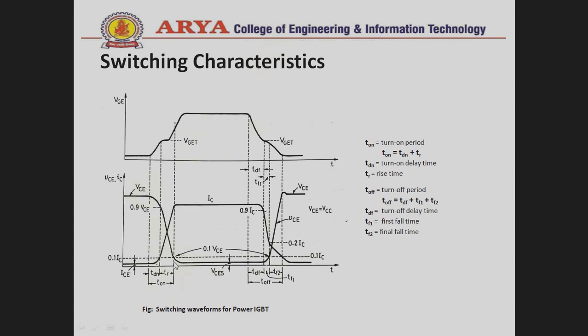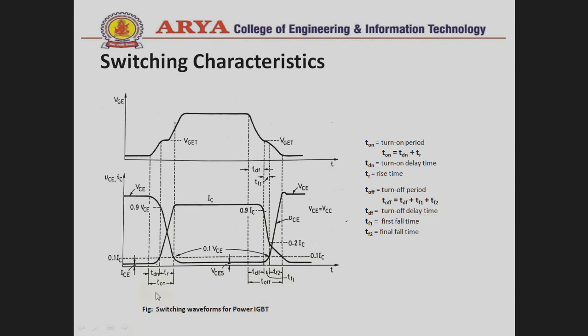The time required for the IGBT to reach its final value from its initial value is known as T-on, and T-off is the time period when the IGBT goes from the on state to the off state.